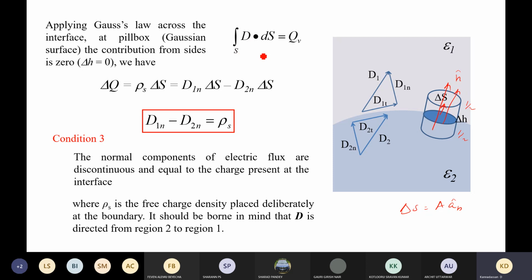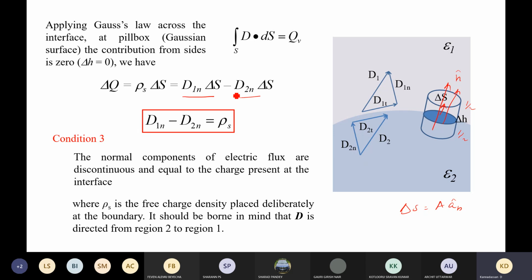And we have to integrate over that. When you integrate over del S, since it is uniform, you will get this normal component along the particular direction, and the second component is going to be opposite.